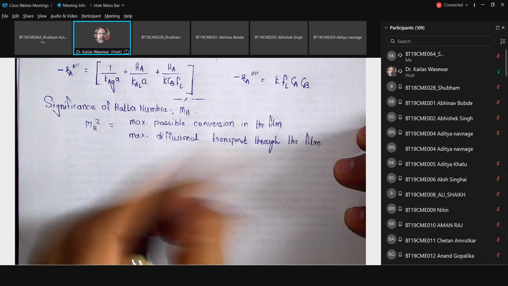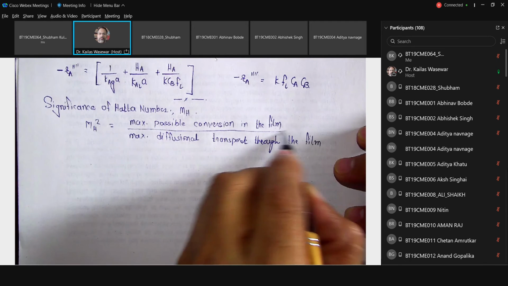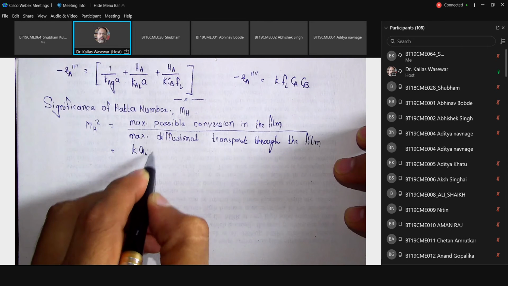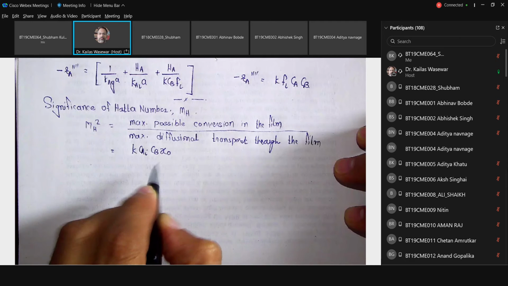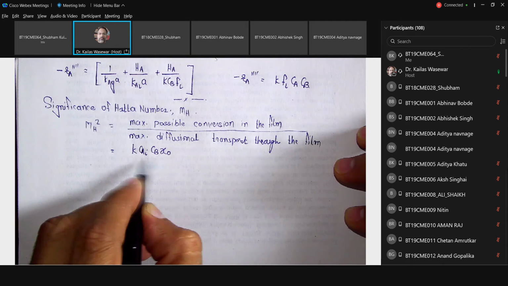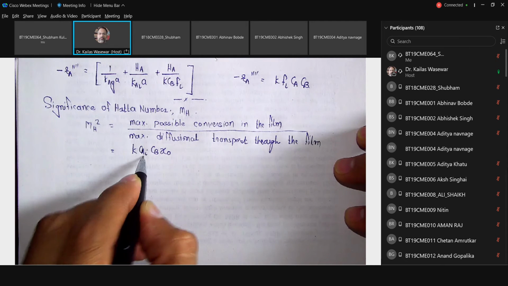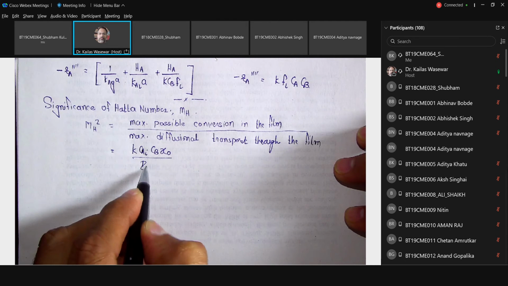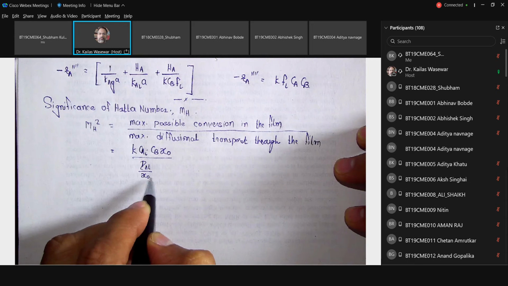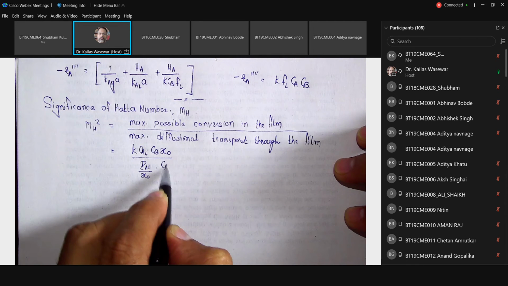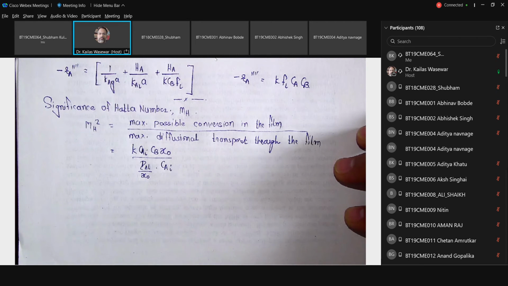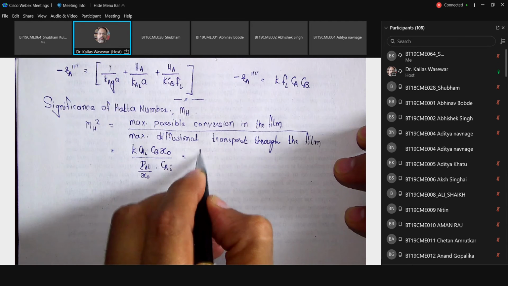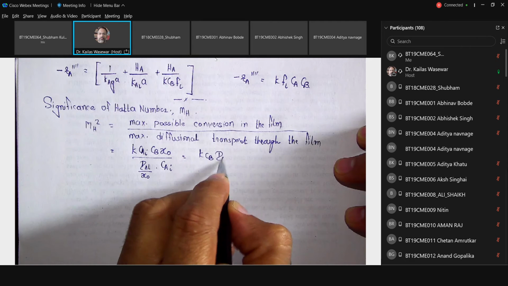So the maximum will be k CAI CB x0, so no further decrease in the film. The maximum will be CAI, and then the maximum diffusion will be DAL CAI over x0, mass transfer without any resistance. So this will be k CB DAL.